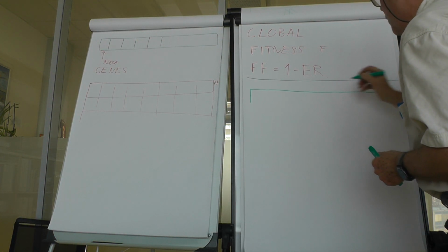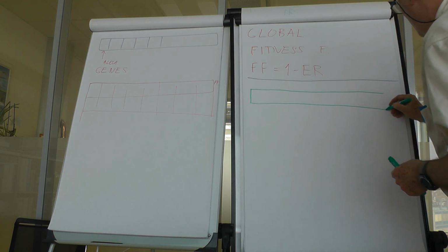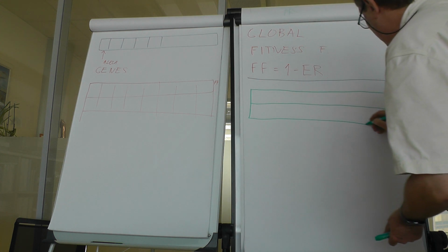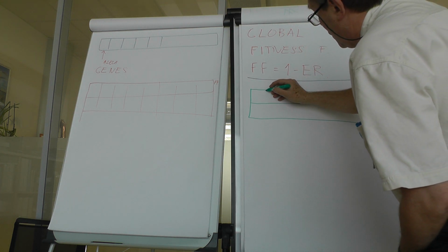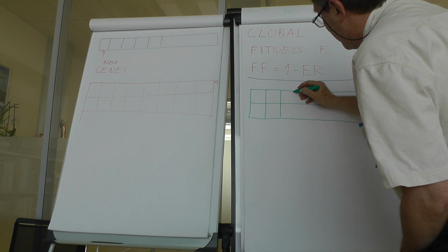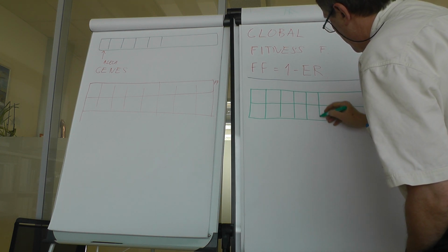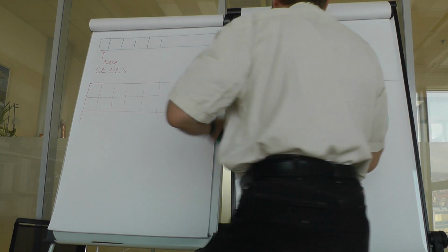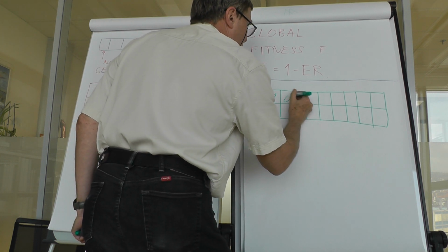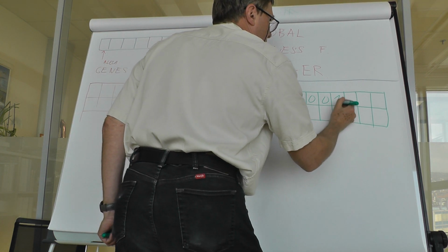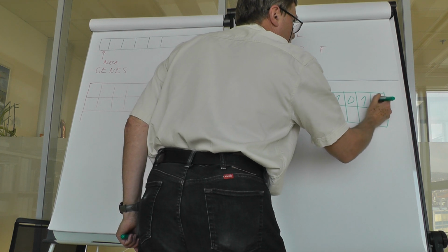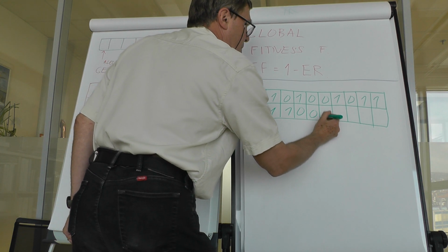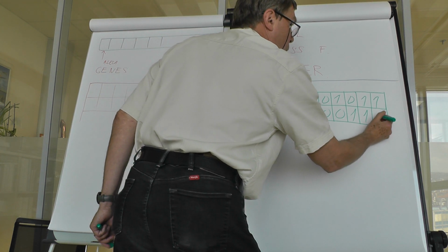So let's say we have two pieces of genetic information represented by zeros and ones, first and second. To be able to make a clear example, let's say that the first is 1, 1, 0, 1, 0, 0, 1, 0, 1, 1, and the second would be 0, 1, 1, 0, 0, 0, 0, 1, 1, 1.